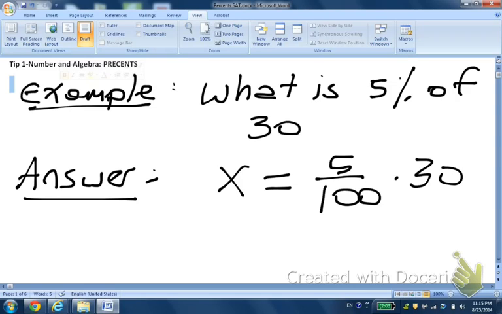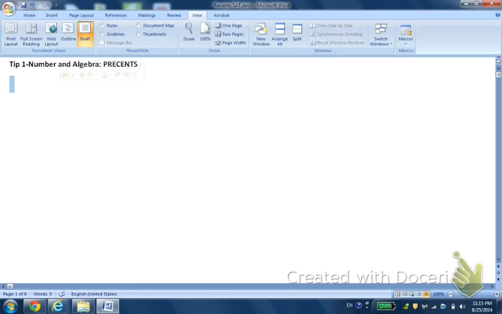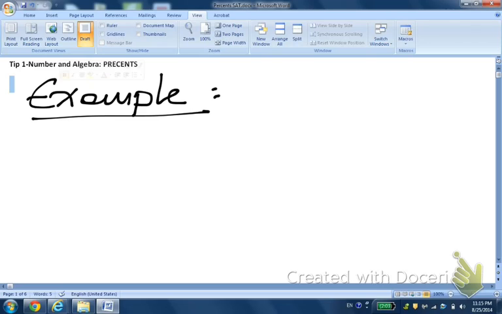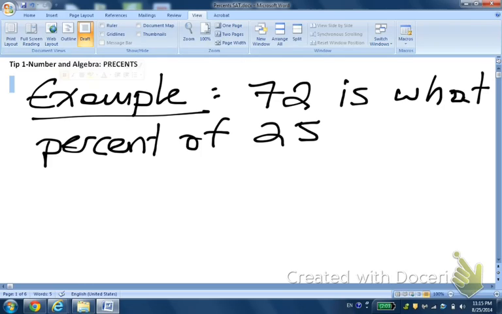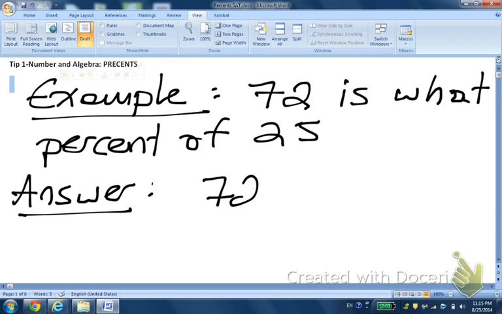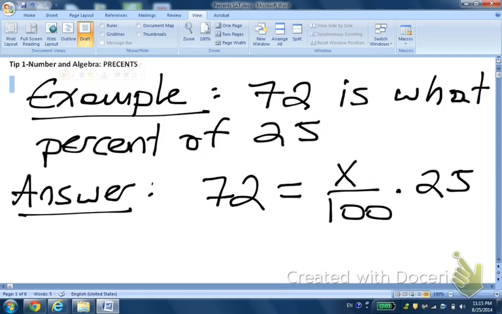There you go. And here's another example. $72 is what percent of 25? If you want to write this as an expression, as a sentence, a mathematical equation, 72 is what percent of 25?